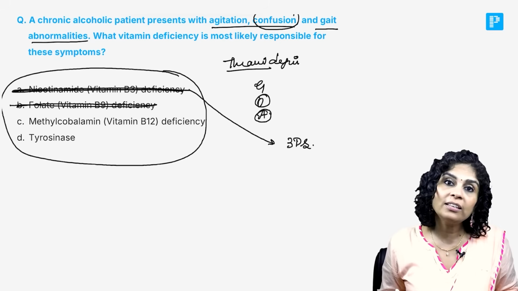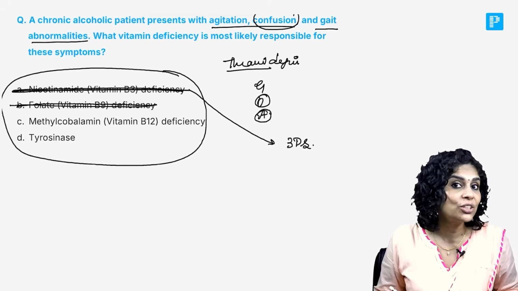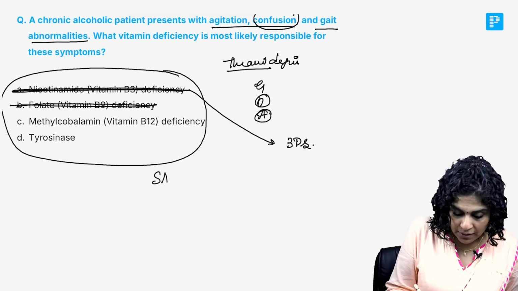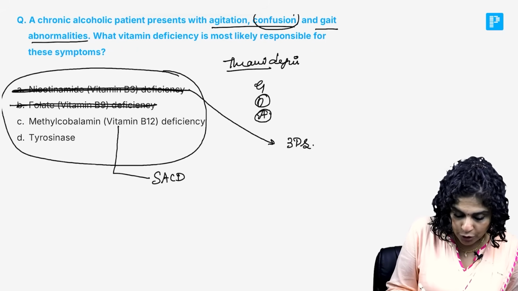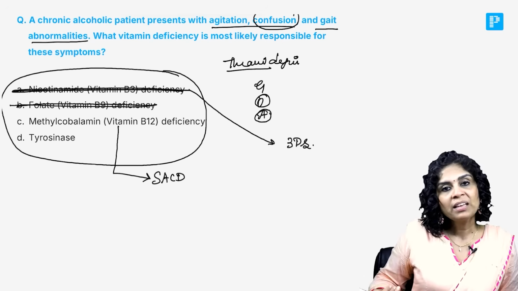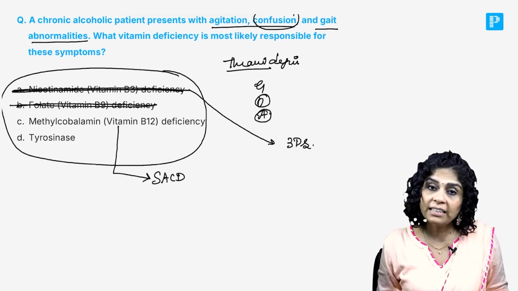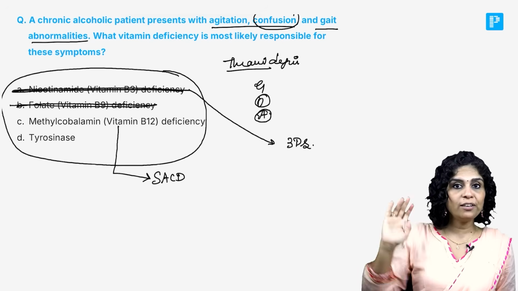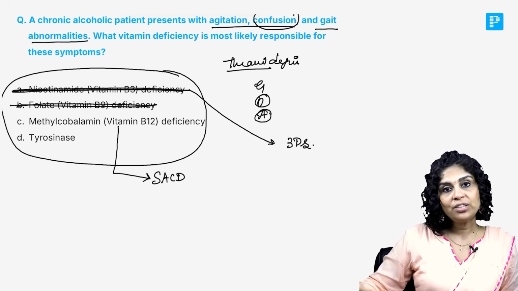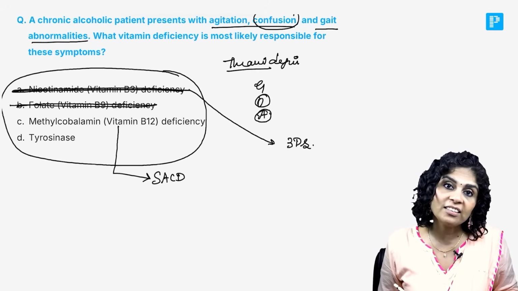Right? That is when you call it a subacute combined degeneration. So what do you mean by subacute combined degeneration that you see in B12 deficiency? Ascending and descending tracts are affected. Ascending tract meaning posterior column is affected. Descending tract meaning corticospinal tract is affected.